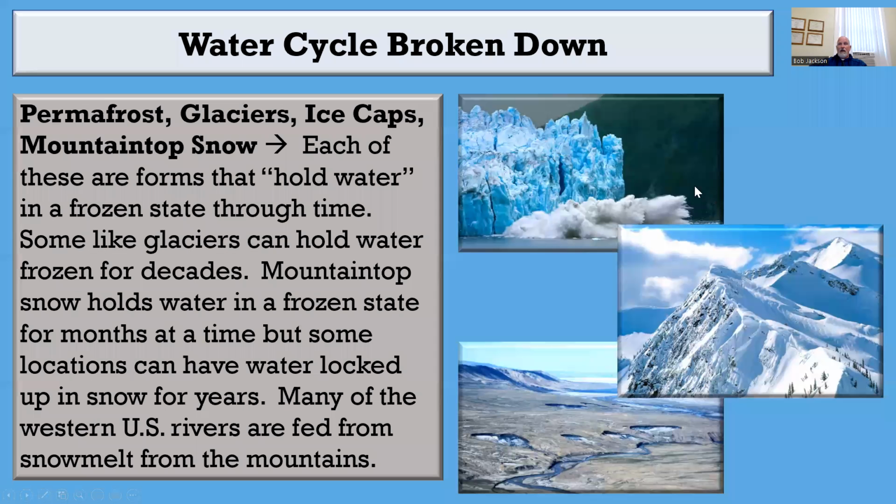Okay, water cycle, this is still on the water cycle, and this is where we're talking where a lot of the water in the world is locked up in ice in some way, shape, or form. A lot of people understand the glaciers hold a lot of it, but you have a lot of areas, like Alaska, Mount Rainier in the state of Washington, Glacier National Park, and even the northern part of Colorado.